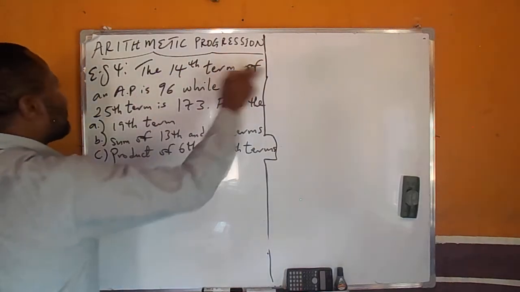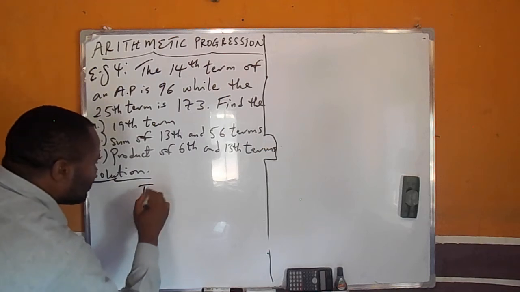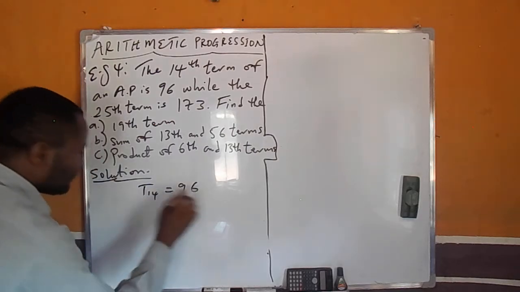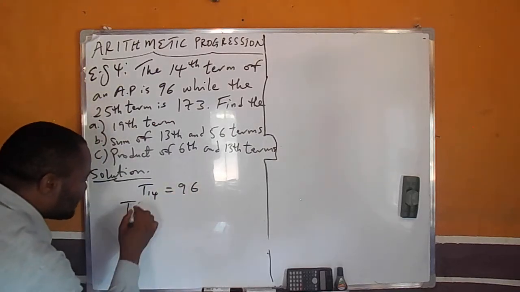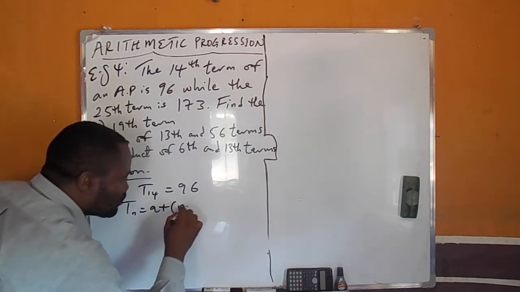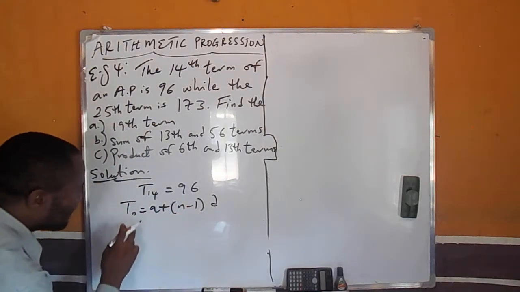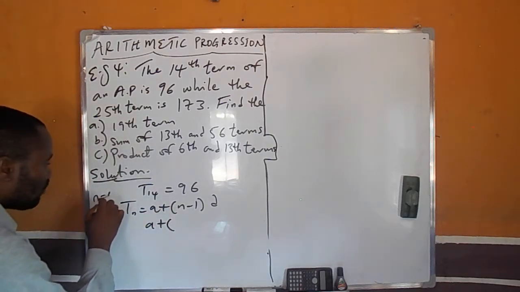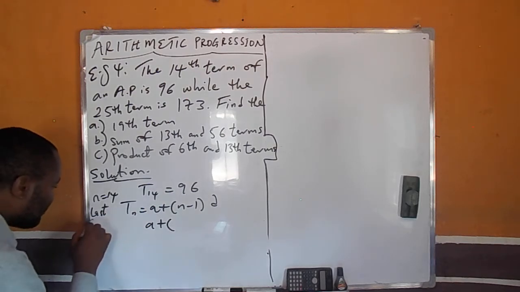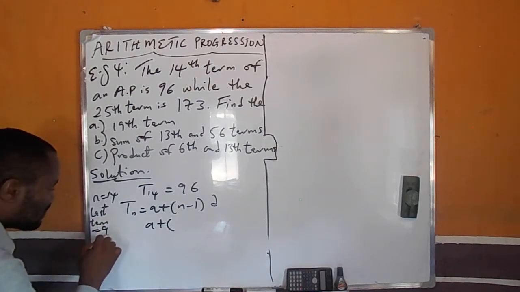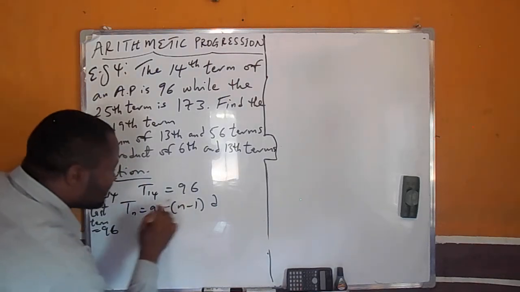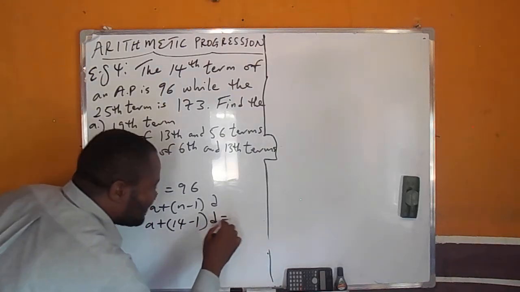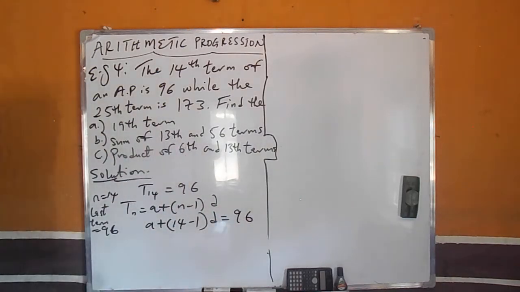The question says the 14th term of an AP is 96. T14 equals 96. To solve, you say Tn equals A plus (n minus 1) D. That gives A plus (n, which is 14, minus 1) D equals the last term, 96.